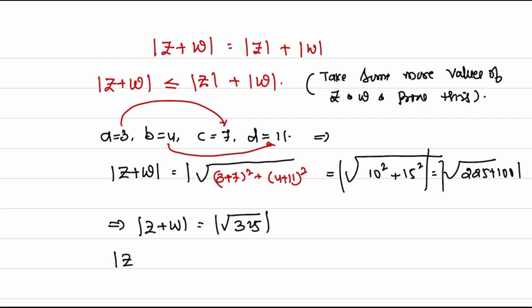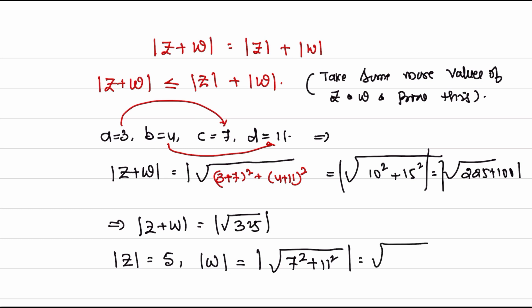Whereas modulus of Z is equal to 5, as usual in the previous steps, and modulus of W is equal to square root of 7 square plus 11 square. Square root of 49 plus 121.